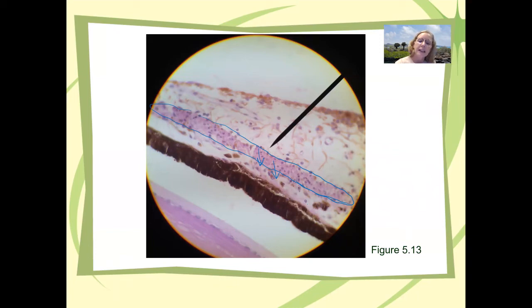That's the dilator muscle. You can see that pink area is no longer present here. We only have epithelium at that point, but here we have both epithelium and the dilator muscle. The epithelium is this more pigmented part, and the dilator muscle is that light pink color.